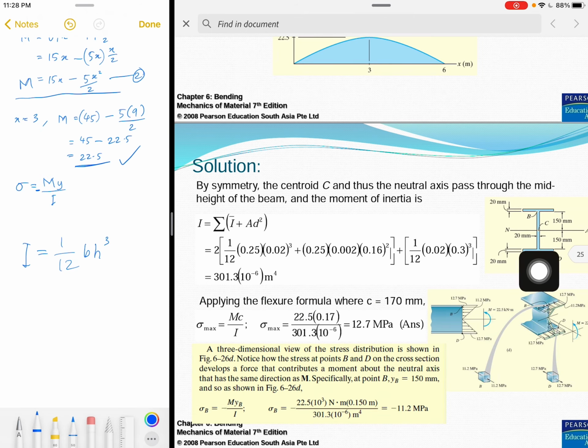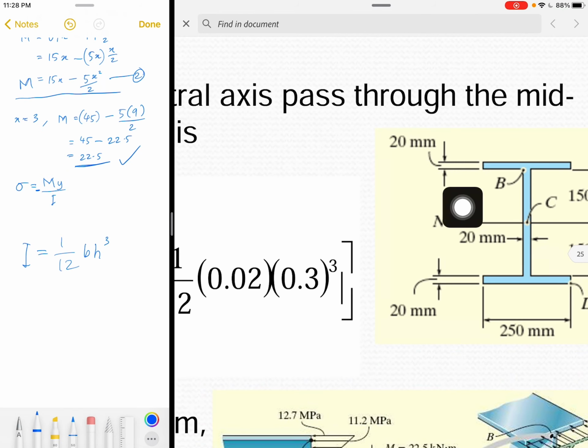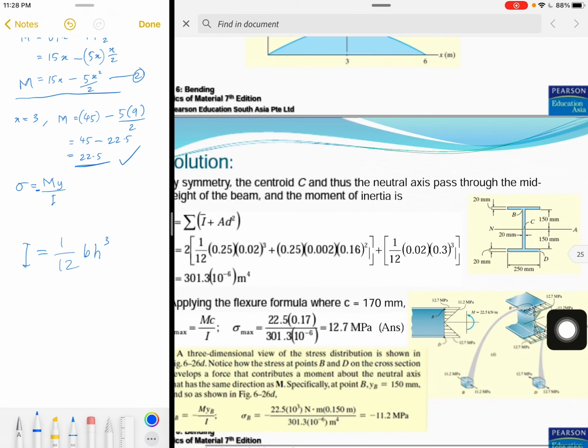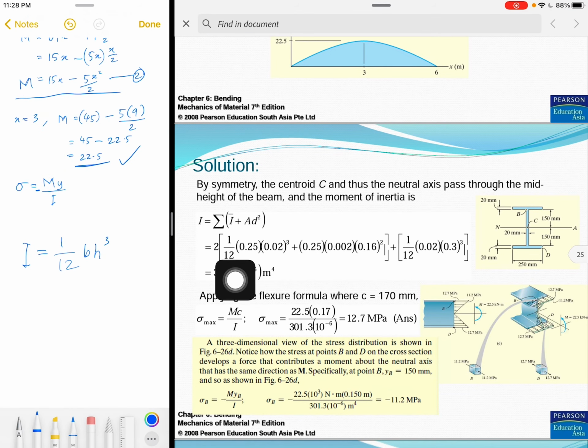And for the two rectangles, this one and this one, this is the formula. 1/12 times 0.25. 0.25 is this length, which is parallel to the neutral axis, and 0.02 is the thickness, 20 millimeter or 0.02 meter, to the power of 3.